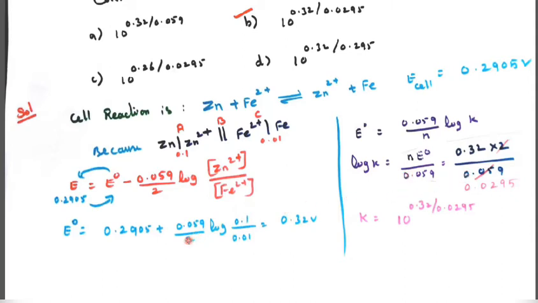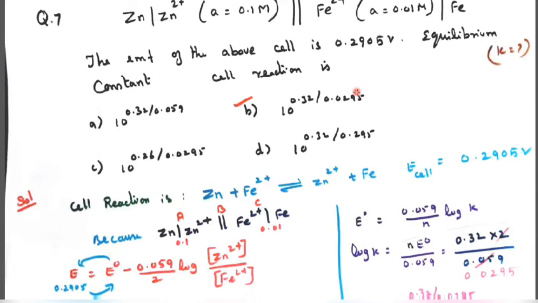Here n is 2 and E naught is 0.32, divided by 0.0591. Dividing 0.059 by 2 gives 0.0295, so log K is 0.32 by 0.0295. So K is 10 raised to 0.32 divided by 0.0295, which is the correct answer.